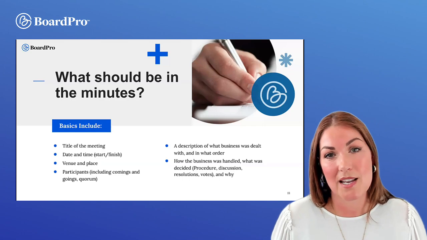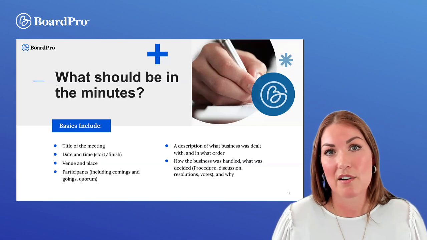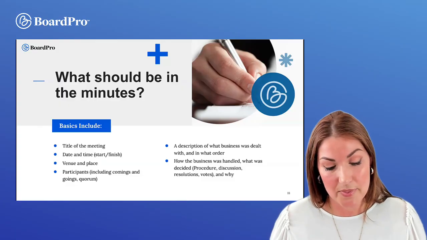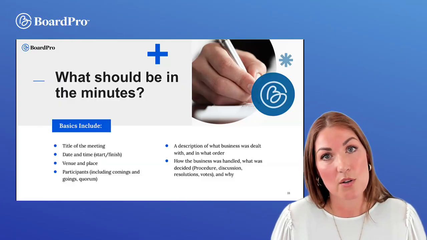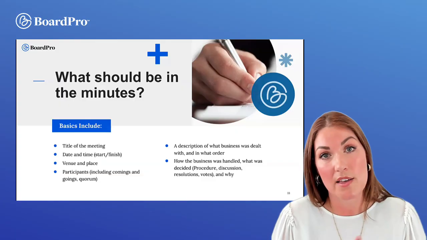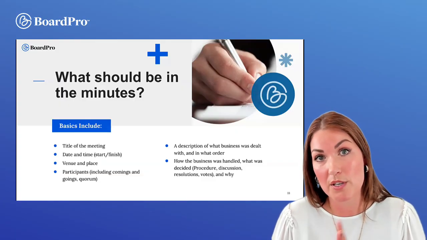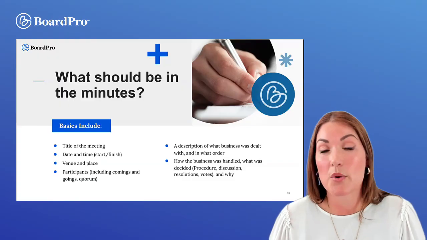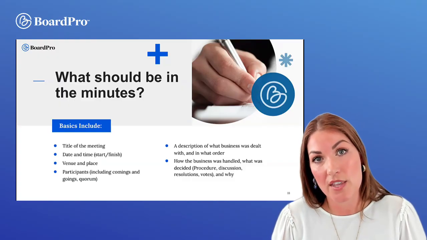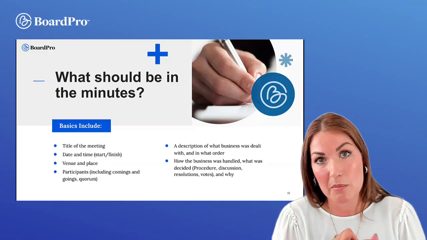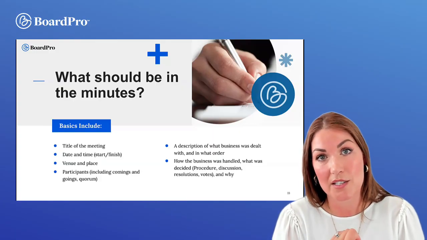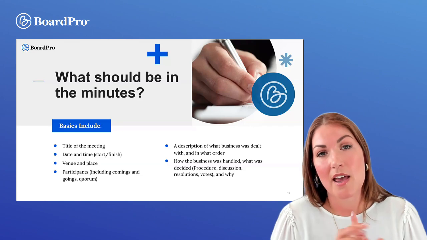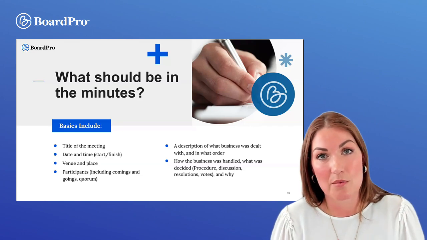In terms of what should be in the minutes, we've touched on this a little bit, but there are some legal basics that need to be covered, which is the name of the meeting, so what the organisation is, or the subcommittee or the board, what the date and time of that meeting is, the location of the meeting, who was there, both who was required to be there, as in who were the directors or trustees, and then who was also present in terms of management, and then were there any guests, any outsiders that were there for certain parts of the meeting.